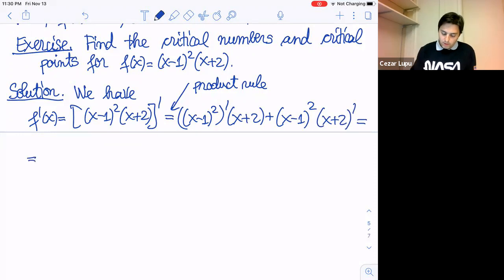And this will be equal to, if you look at this, right? So you can even expand, or you can apply the quotient rule there. Anyway, so it will be 2x minus 2, right?